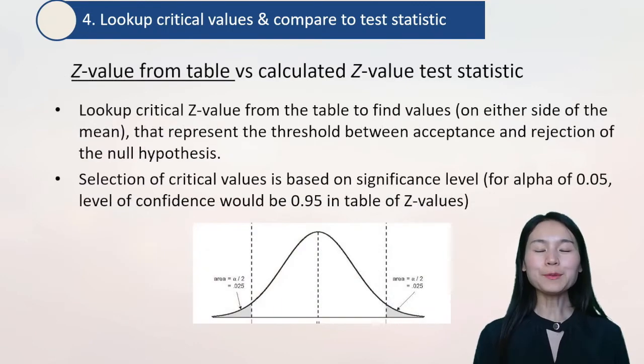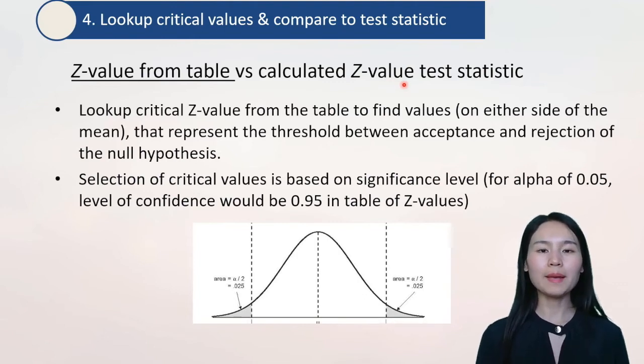The z-values that we are going to look up from the table equal this one and this one. Then we will compare these z-values with the calculated z-value, the test statistic.